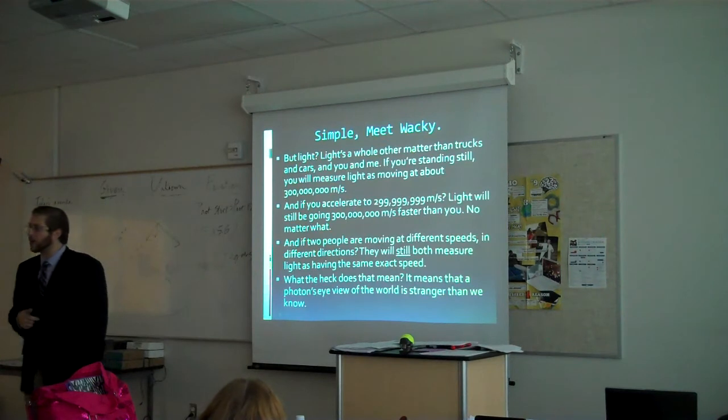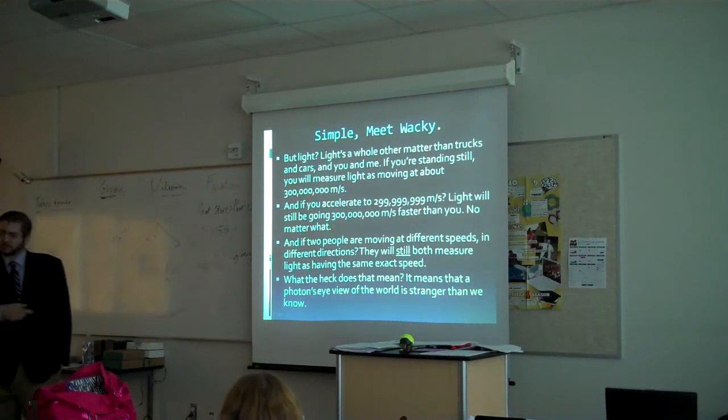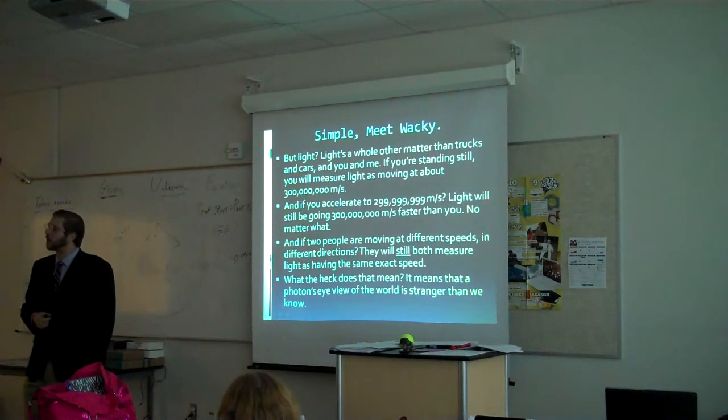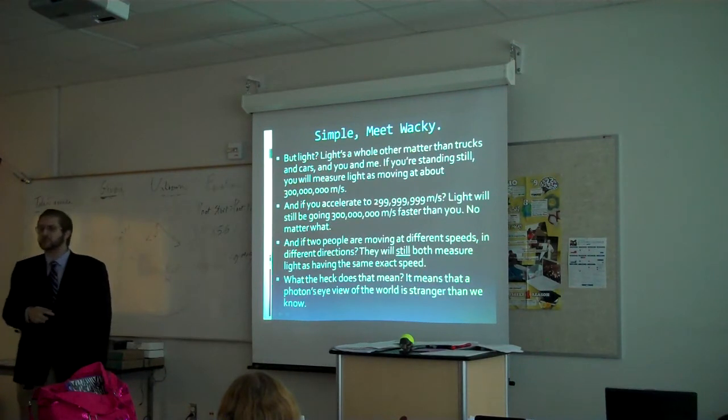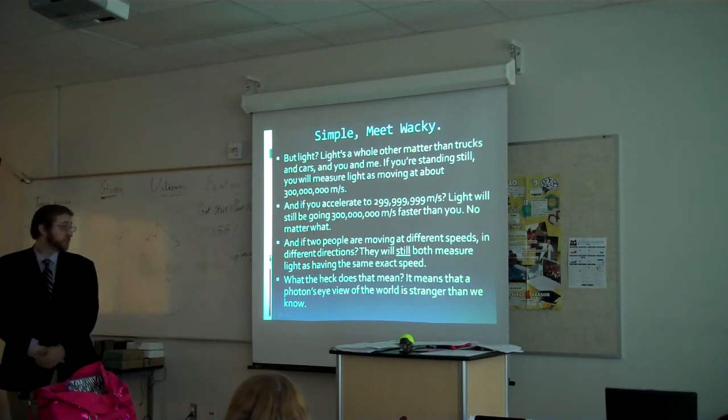If there's a truck going 100 miles an hour on the highway and I accelerate to 99, how much faster than me is it? 1. We would expect it to be 1 meter per second faster at that point. But no. No matter how fast you go, light always goes the speed of light faster than you.